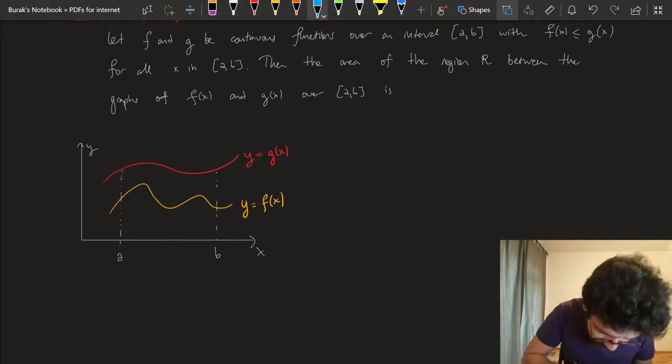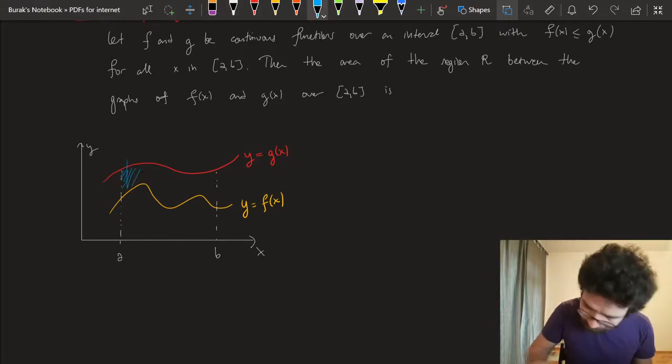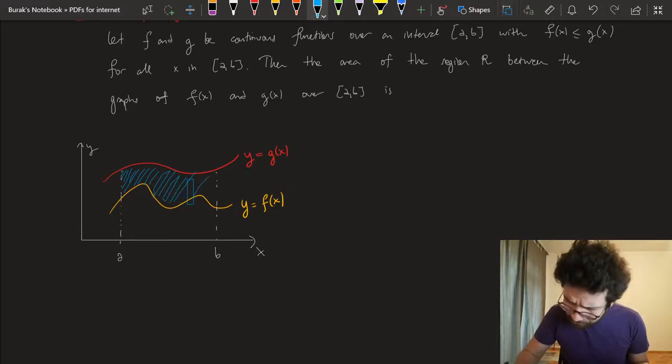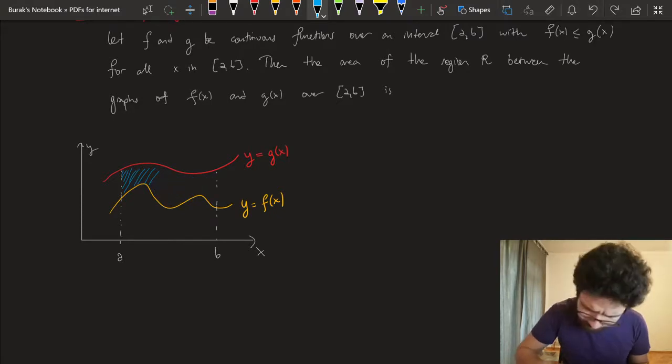I mean the region which I'm shading right now in blue.